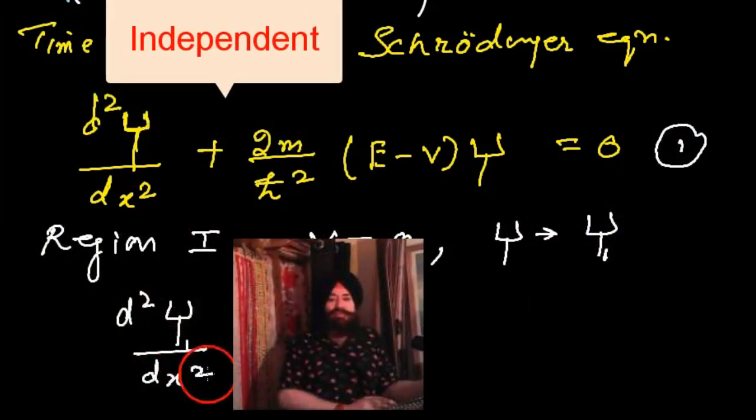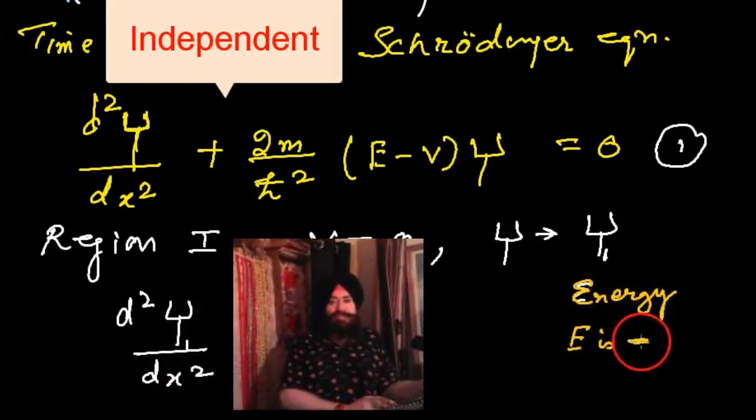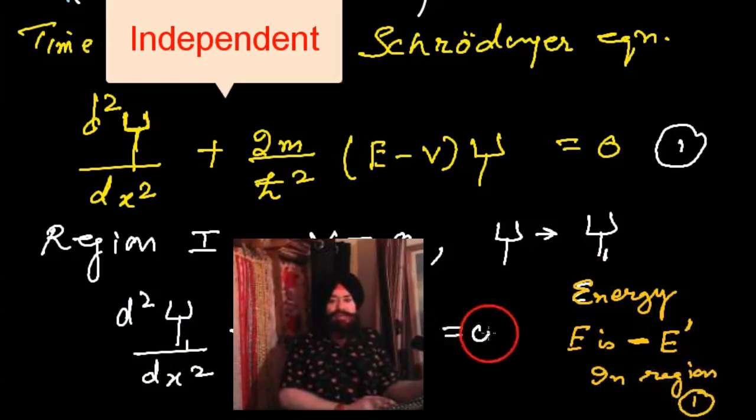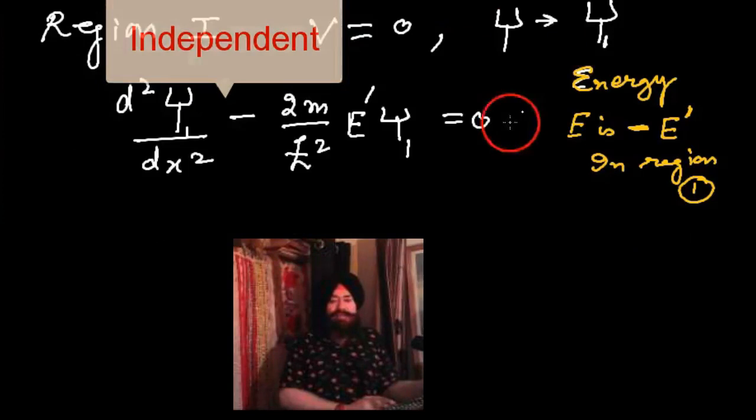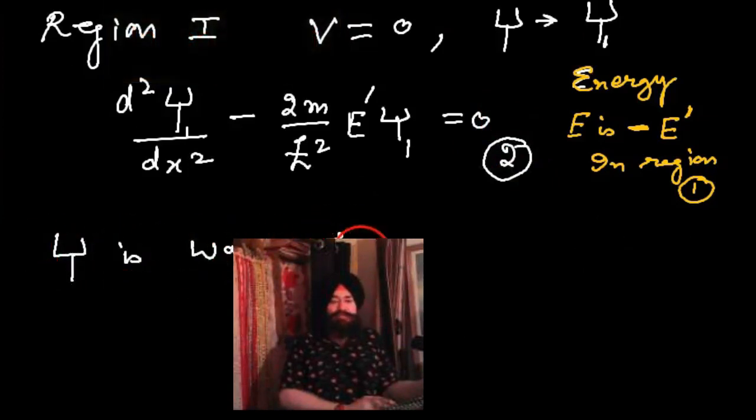Now in region 1, there is no potential energy. So writing here, the potential energy is 0. And we are writing psi as psi 1, and total energy is also negative. So the formula becomes, I substituted E as minus E dash and potential 0 in region number 1.